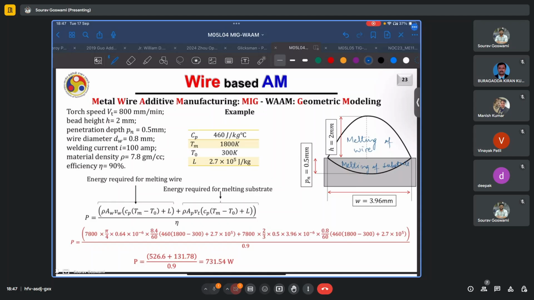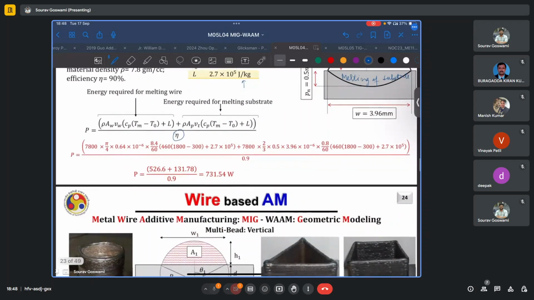Here, however, L is given in terms of joule per kg. So you have rho Cp delta T plus L, and then you multiply it with the unit volume that is flowing out in 1 unit time, which is AW into VW. Similar for the case of the substrate, divided by the overall process efficiency to come up with the minimum power required.